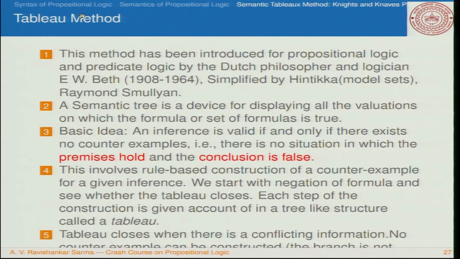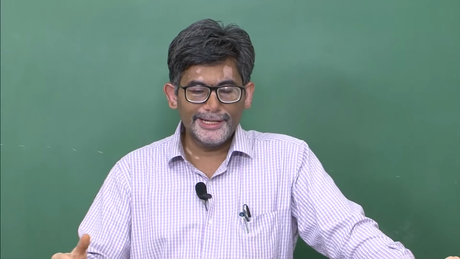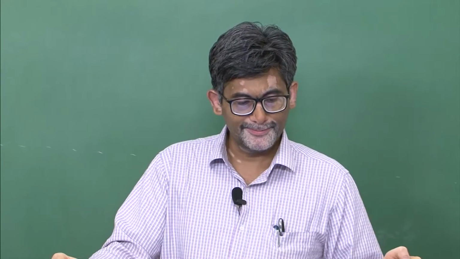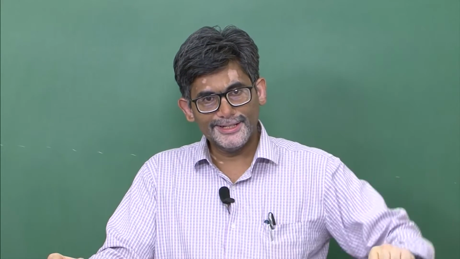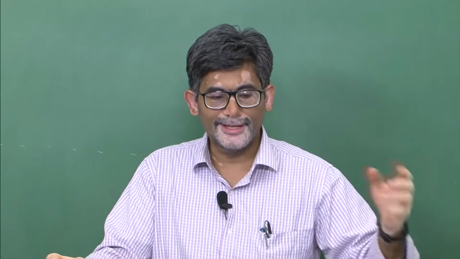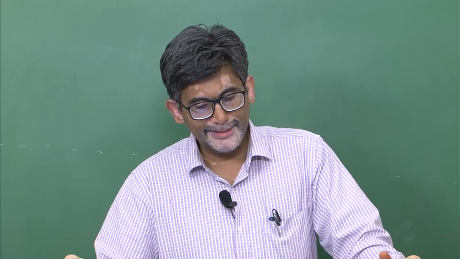That means x has to be valid. Unsatisfiability of not x guarantees that x is valid. So if you want to show that x is valid, you have to show that not x is unsatisfiable. These are the basic ideas that we will be using here.